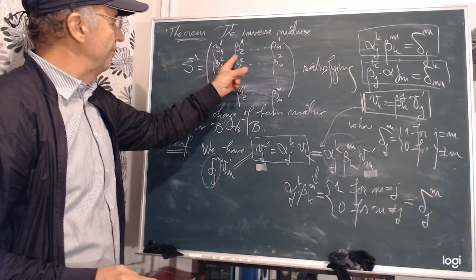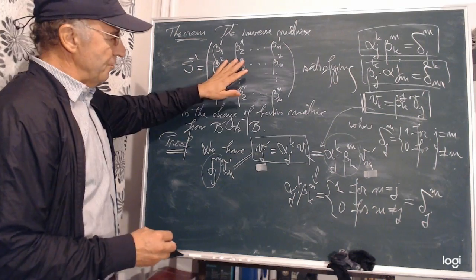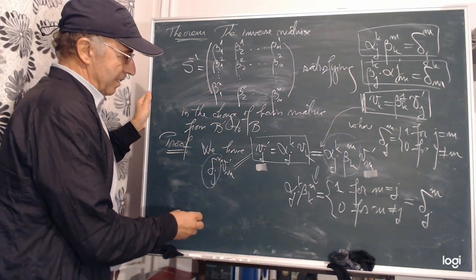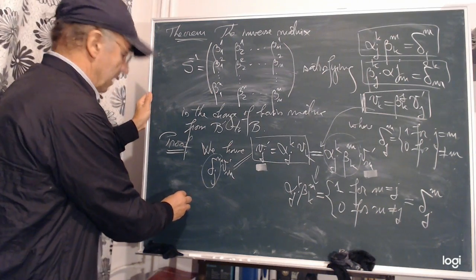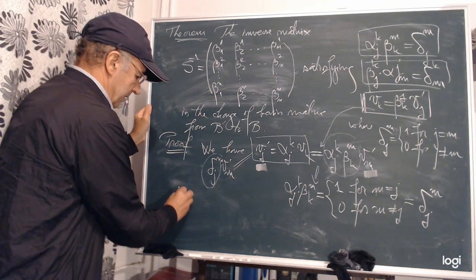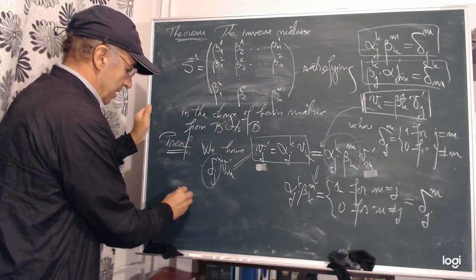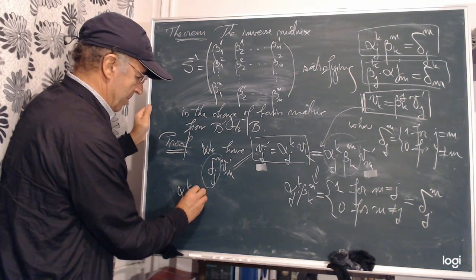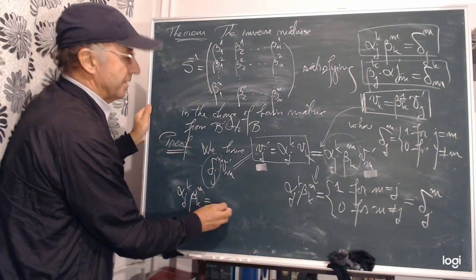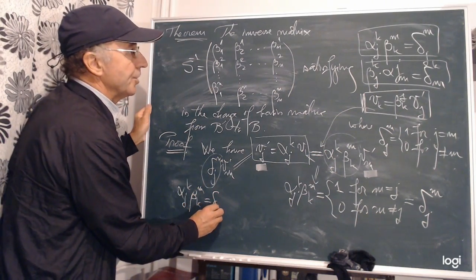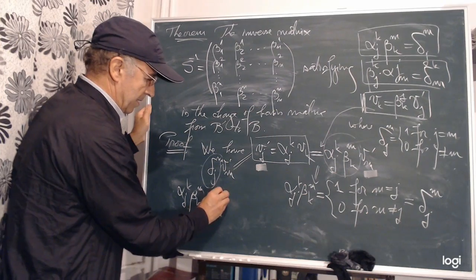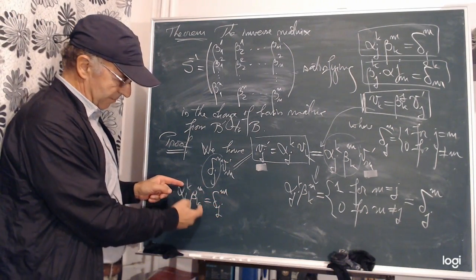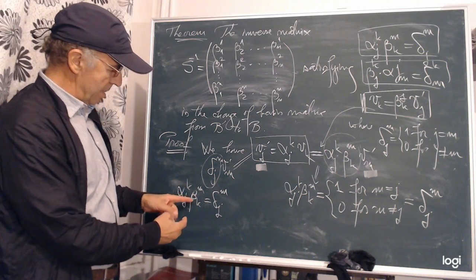And you can see that the obtained relation is alpha jk beta km equals delta jm. Here j and m are fixed, and we have a sum with respect to k.